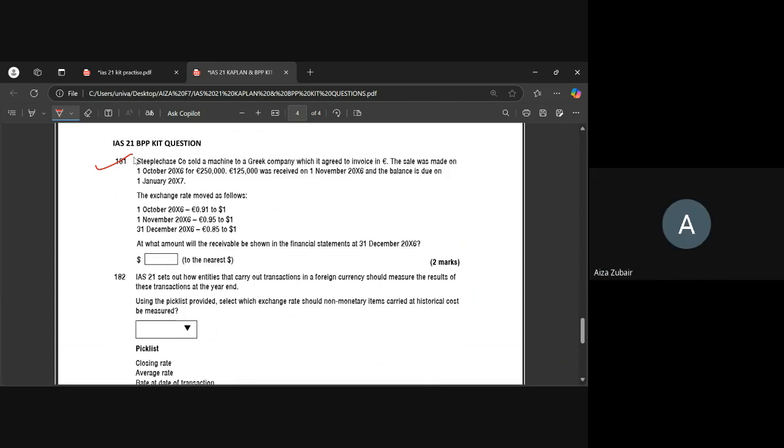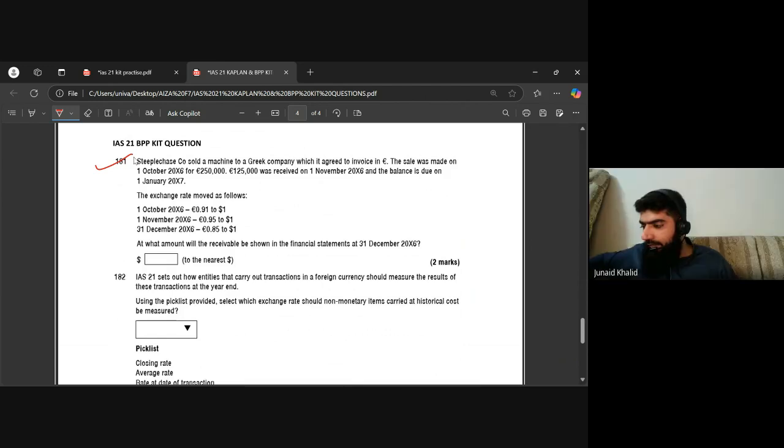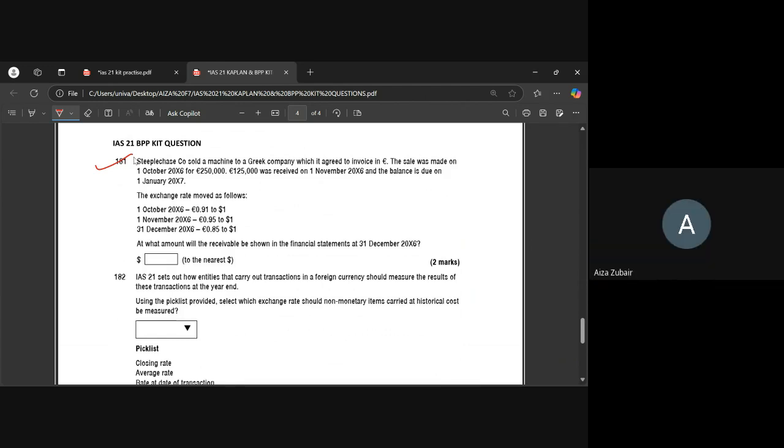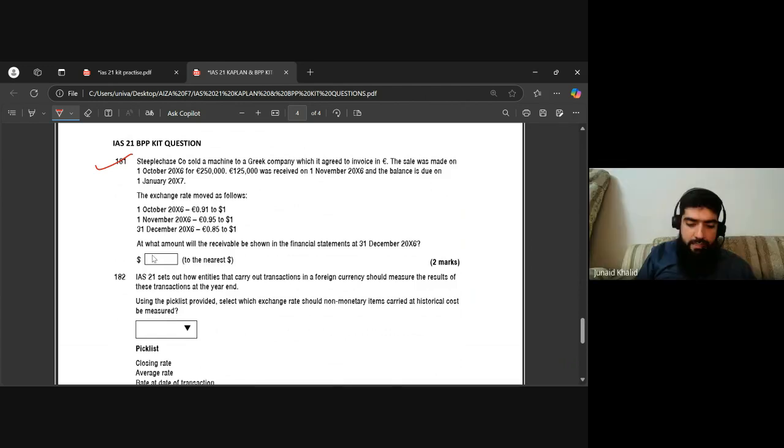We divide by the reporting date rate, right? 0.85. Yes, so it will be 147,059. Yes, to the nearest 1,000, so we are going to type 147,000. Are you getting the point?